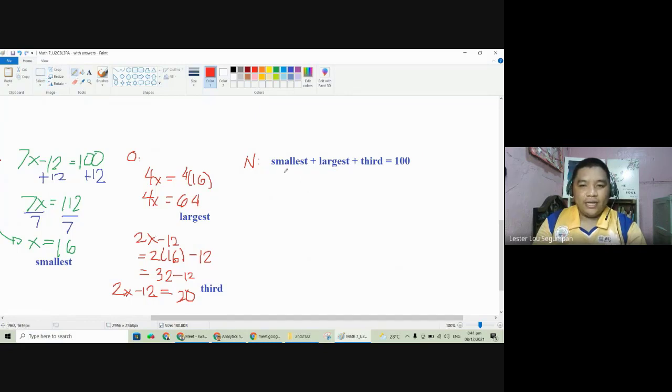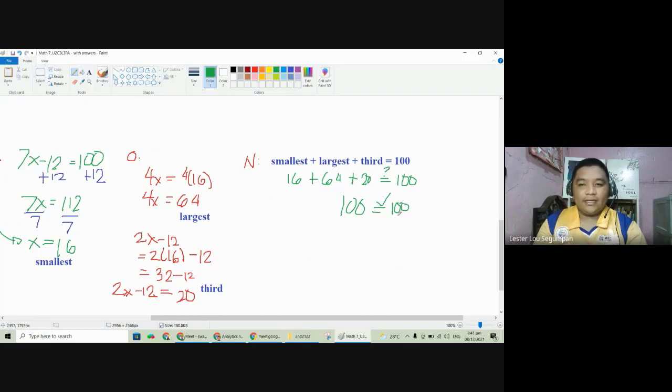The smallest is 16. The largest is 64. And the third number is 20. Will they sum up to 100? Let's find out. 16 plus 64 is 80 plus 20. You will get 100. The other side is already 100.